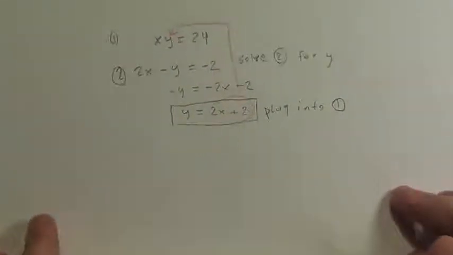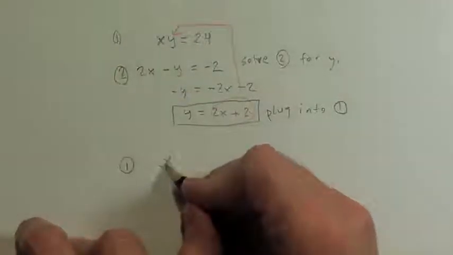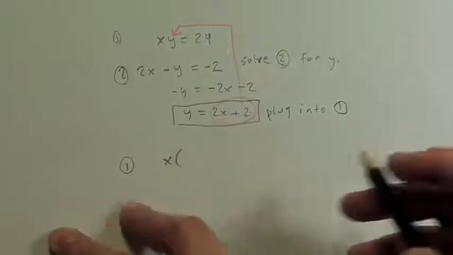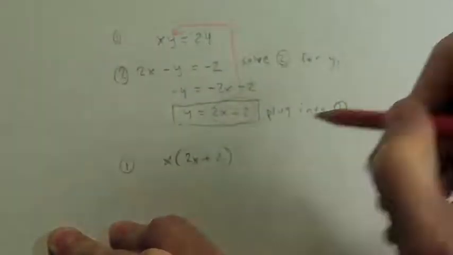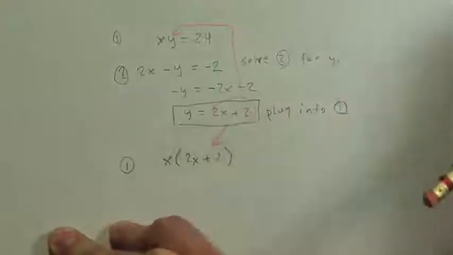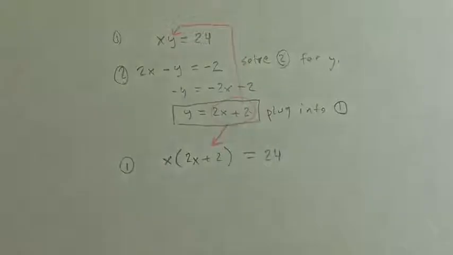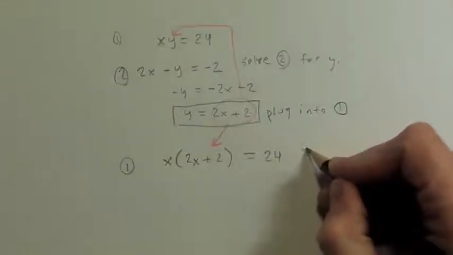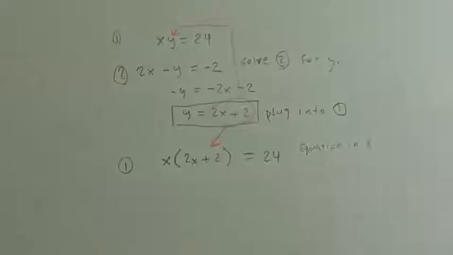So equation 1 is x times y. So it'll be x times this 2x plus 2, right there, is equal to 24. Okay? And now we have an equation in just x. We're going to solve it.